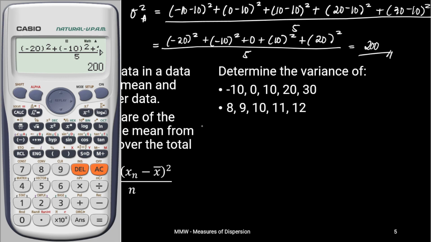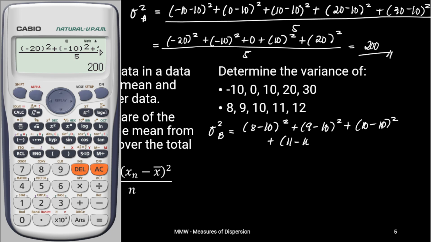For set B, we have the variance for set B. This is equivalent to 8 minus 10 squared plus 9 minus 10 squared plus 10 minus 10 squared plus 11 minus 10 squared plus 12 minus 10 squared, all over 5.